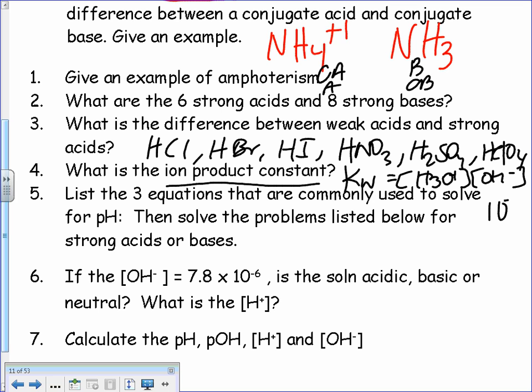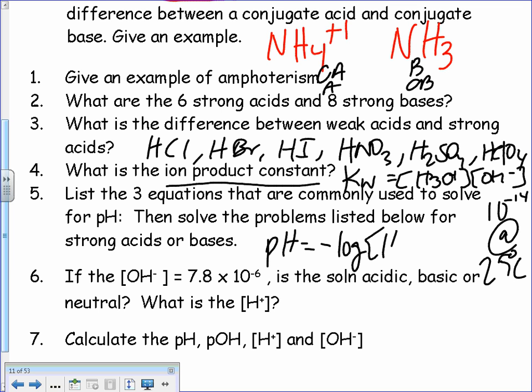So 1 times 10 to the negative 14th at 25 degrees C, it can be different at other temperatures. 3 equations we commonly use. pH is equal to? Okay, this is what I was specifically looking for, and then I also heard pH is equal to 14 minus the pOH, so 14 is equal to pH plus pOH.